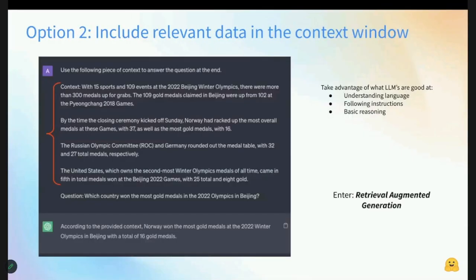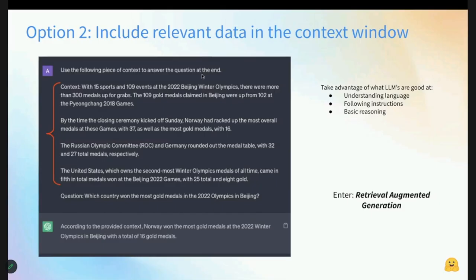And so the second option then is to include any domain-specific relevant data that you have inside of the context window of a generally trained LLM. That's what we see here. We ask this same question of which country won the most gold medals in the 2022 Olympics in Beijing. And we provide it with a paragraph or several paragraphs of context from an article about the 2022 Winter Olympics.